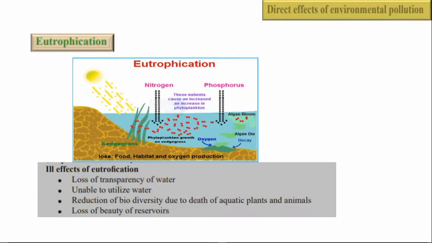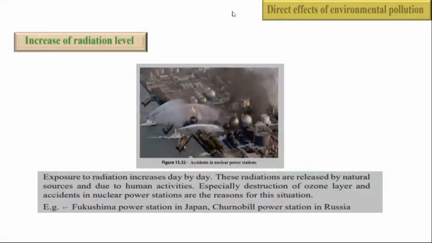Okay. Then the last of the direct effects of environmental pollution is the increase of radiation level, right? Exposure to radiation increases day by day, right? Mainly due to radiation released by natural sources and due to human activity.